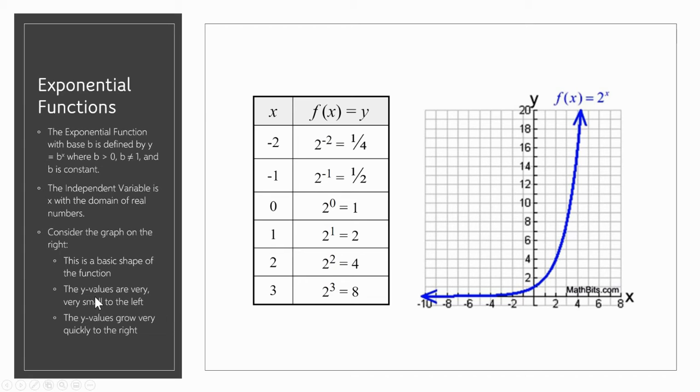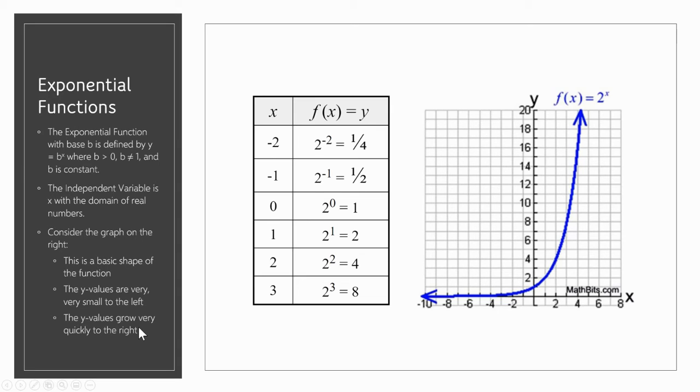All right, the y values are very, very small to the left. So in this particular picture, your y values over here are very, very small. And if you look at the table, okay, you can see your y values when you're here at 1, then you're at 1/2, then you're at 1/4, then you'd be at 1/8, then at 1/16. They're getting really, really small.